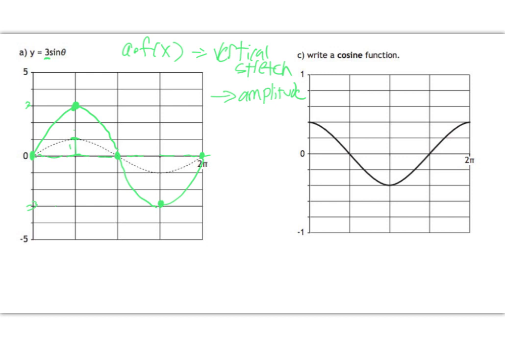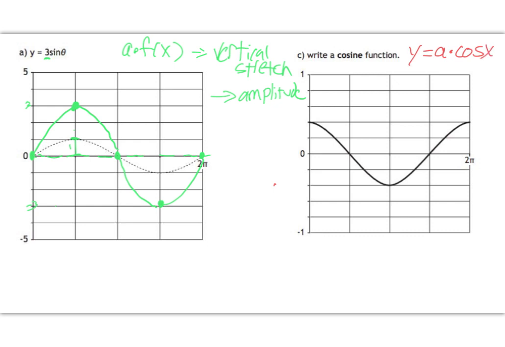If this had been cosine, the graph would have been exactly the same type of transformation, but it would have been shifted a little bit to the left of where this graph is. Speaking of cosine, if we are going backwards from this, trying to write a function for this graph, right now the only thing we're figuring out is what the a value is.